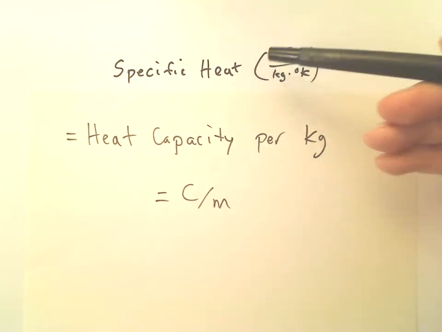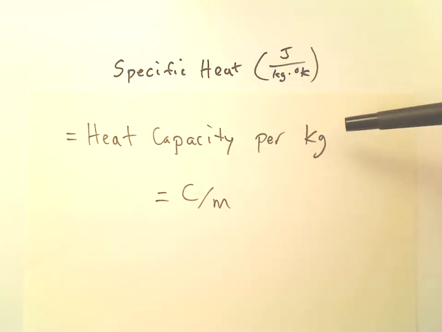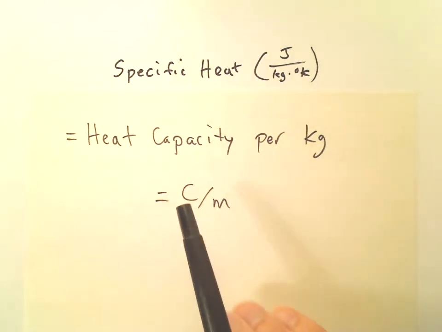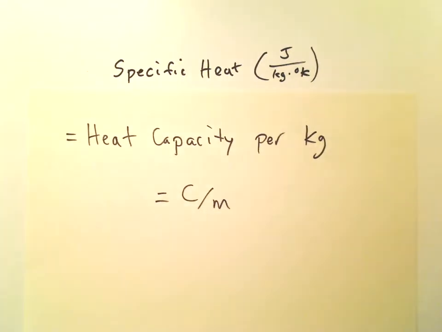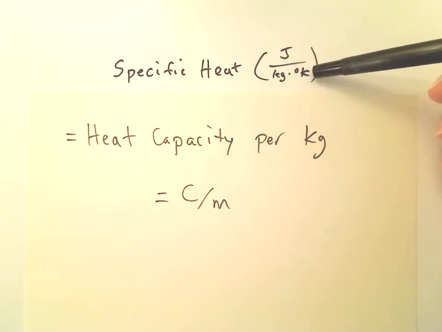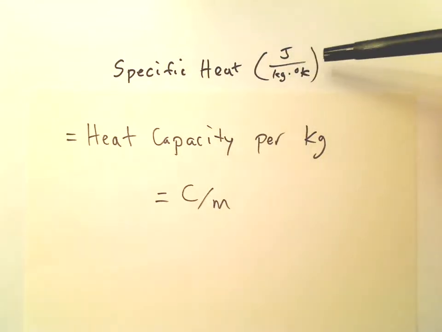The specific heat and the heat capacity of an object are actually the same number if you're talking about a 1 kilogram object. If the object is not 1 kilogram, you can calculate the specific heat because that's just the heat capacity per kilogram. It's just the heat capacity divided by the mass, and there are the units, joules divided by kilograms times degree Kelvin. Joules per Kelvin are the units for heat capacity, and then if you divide by kilograms, you're going to get those units right there.